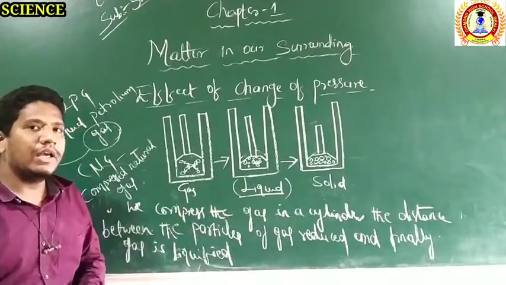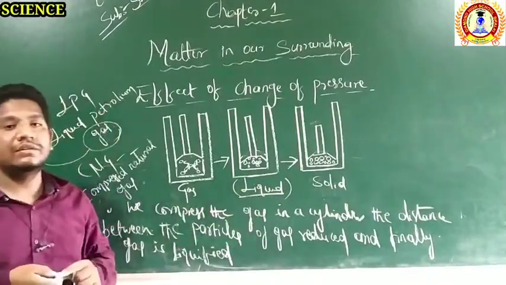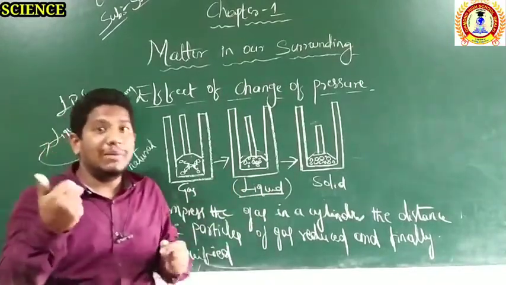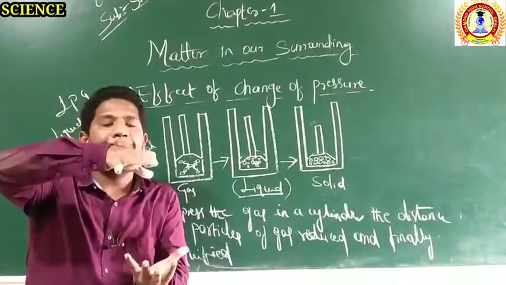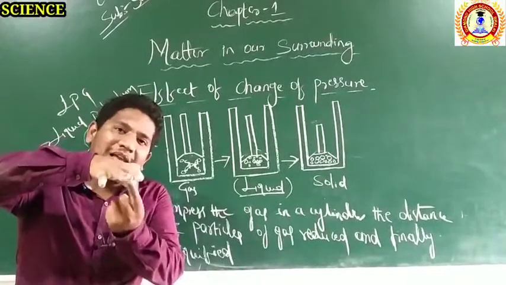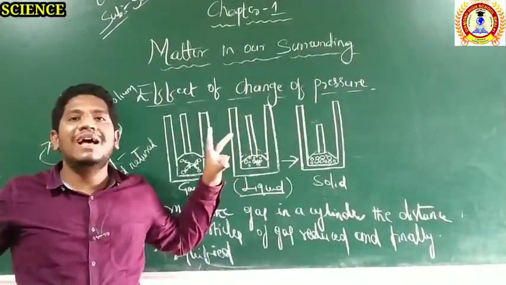And when we take that gas outside, again the liquid will convert to the gaseous state. The liquid will not come outside. Why? Because the pressure in the container is more, and as a result the gas is in liquid state, but the pressure in the environment is lesser.